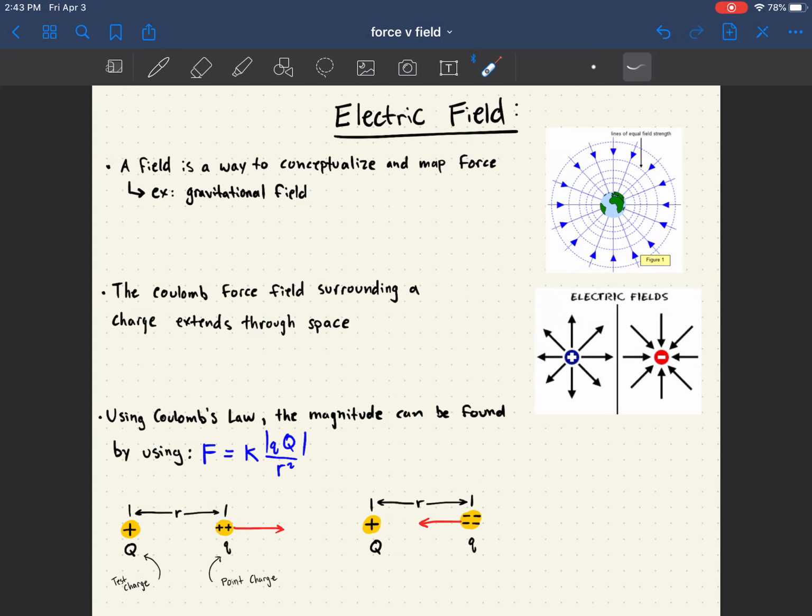If we multiply those two together along with the constant k, and then divide by r squared, we can find that magnitude. Normally, you throw a test charge into a field in order to find that force. So if we threw a test charge into this positive field, then at a certain distance, we would be able to figure out the force magnitude and its relationship with the field.